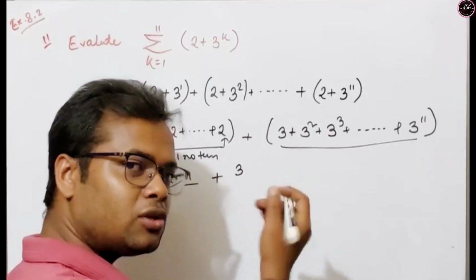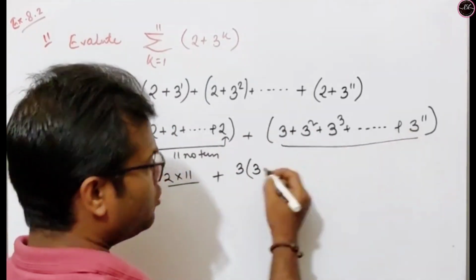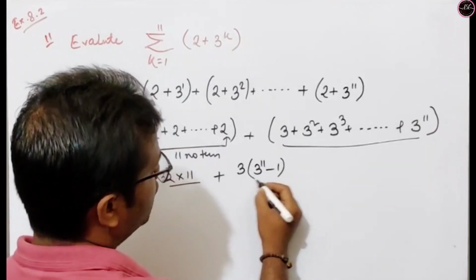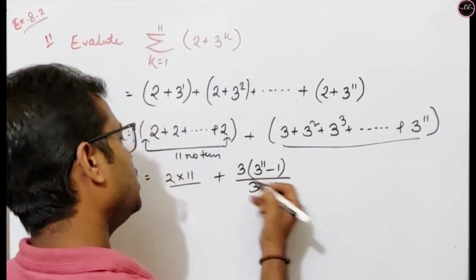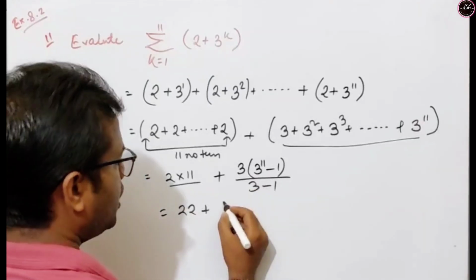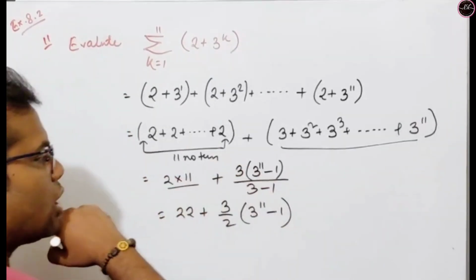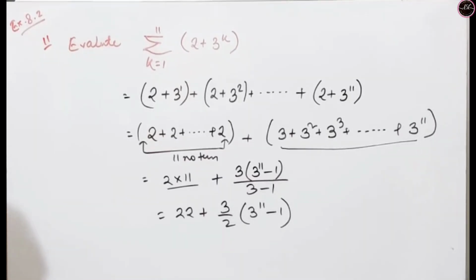So r is greater than 1, so we will apply a into (r to the power n minus 1) divided by (r minus 1), with n equal to 11. So this will be 22 plus 3 by 2 into (3 to the power 11 minus 1). That will be your answer.